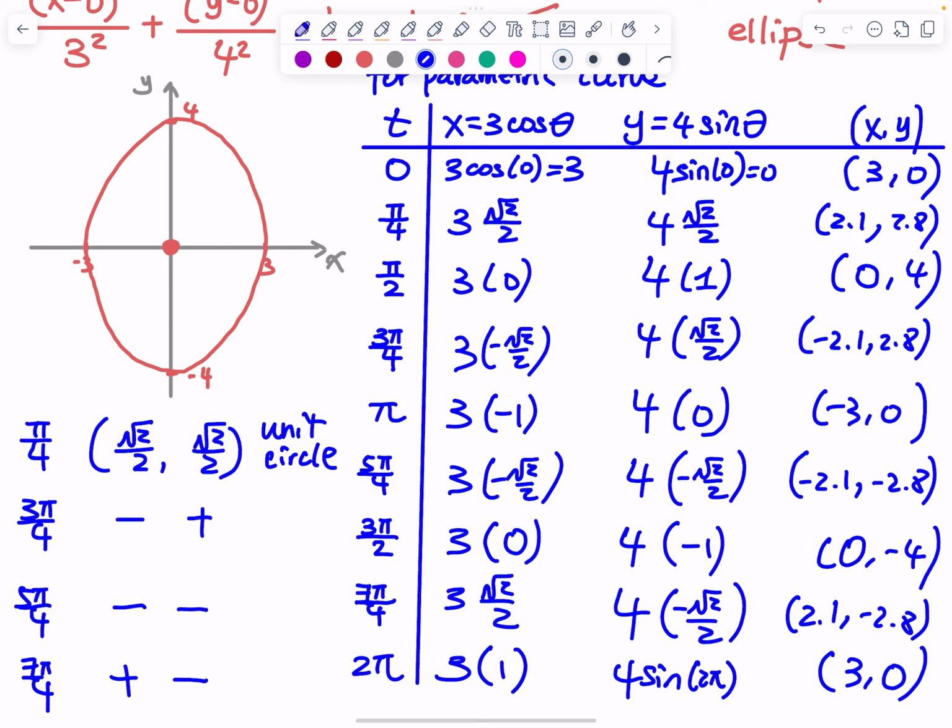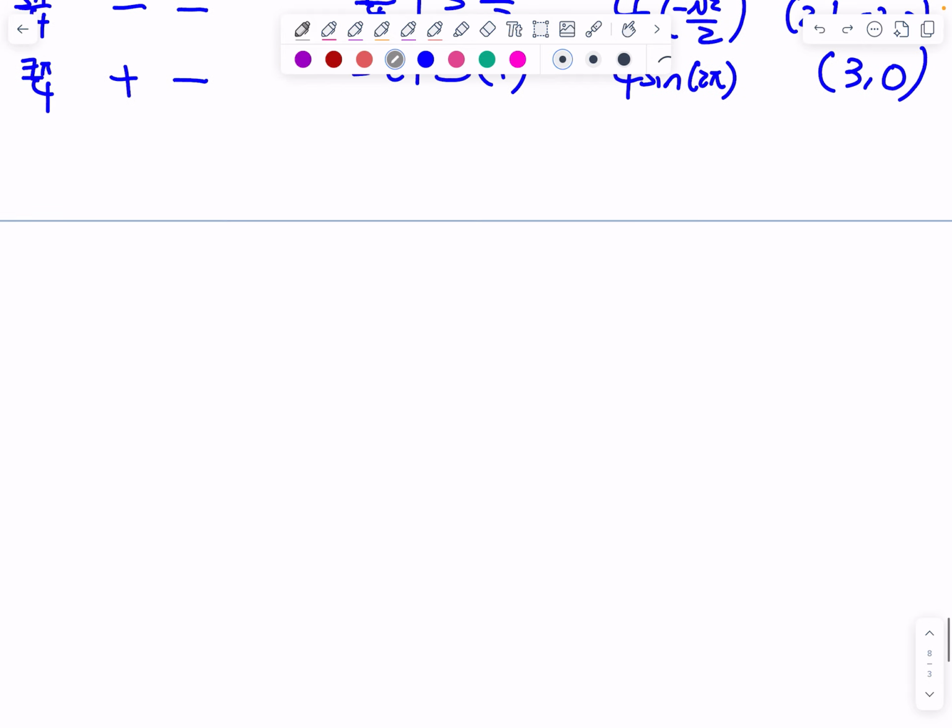And then you graph them, you should have the orientation. Then the orientation will be going this way, from right to left, we travel on that ellipse. Okay, let's sketch the graph. Running out of space on this page, that's fine. Okay, I think the easiest way is we do this. This is 3, 4, negative 3.